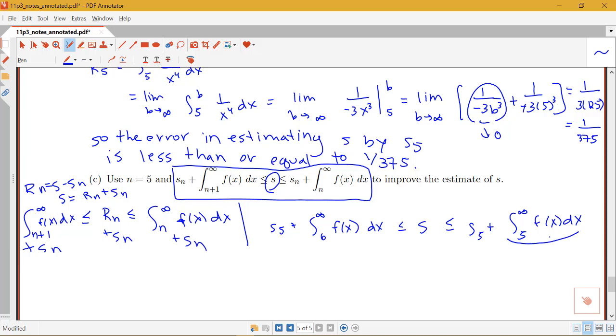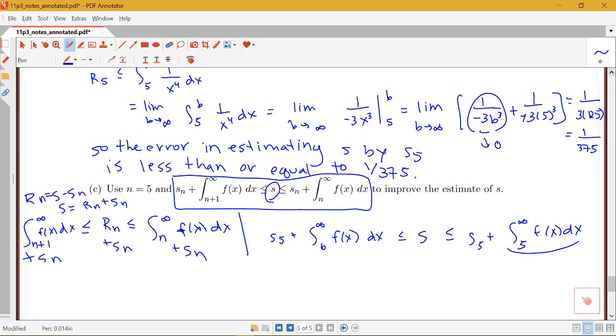If we had gone through that same integral with a 6 wherever I have a 5, my final answer would have come out to 1 over 3 times 6 cubed. So we can say that S5 plus 1 over 3 times 6 cubed is less than or equal to S, which is less than or equal to S5 plus 1 over 3 times 5 cubed that we found before.